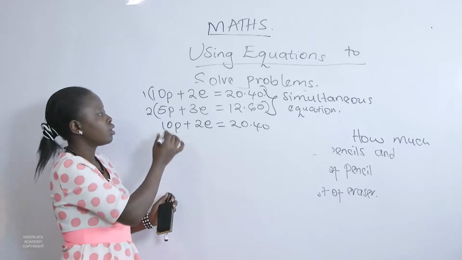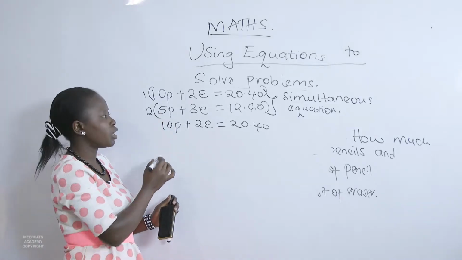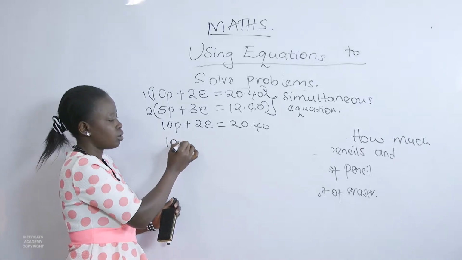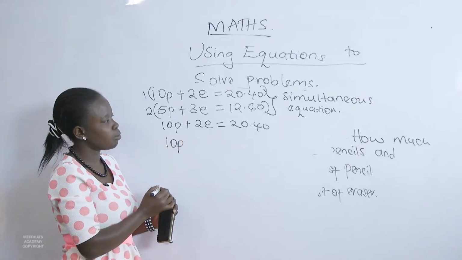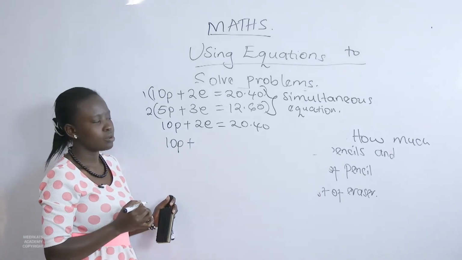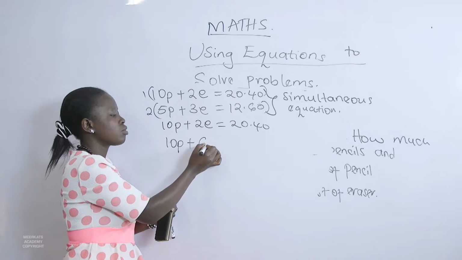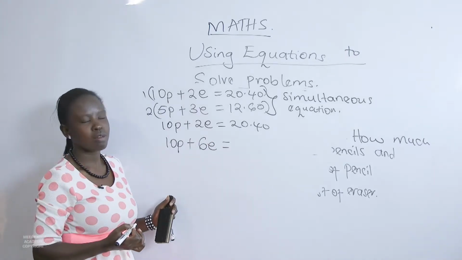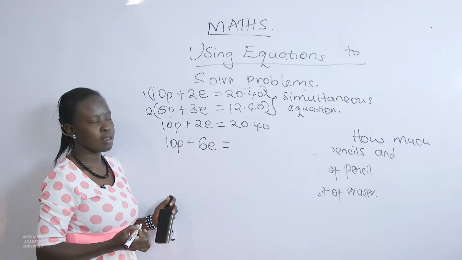Then next, the second equation, I'm multiplying by 2, so that means I'll have 2 times 5p. That gives us 10p. 2 times 3e will give us 6e, which will be equal to 2 times 12.60.